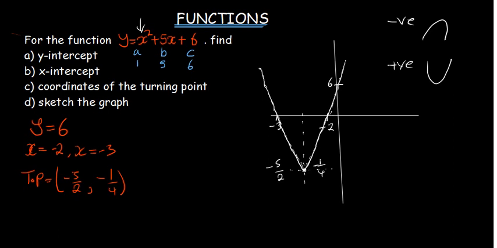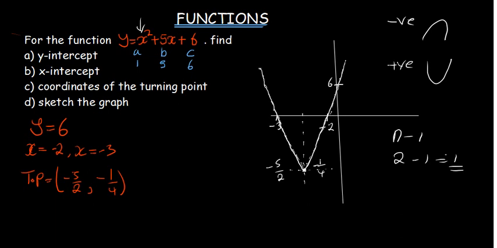And again, the value of the index that we have is 2, meaning that will help us determine the number of turning points that we are going to have. Since we have a 2, to find the number of turning points, just say n minus 1. Our n is 2, minus 1, giving us 1, meaning we only have 1 turning point.